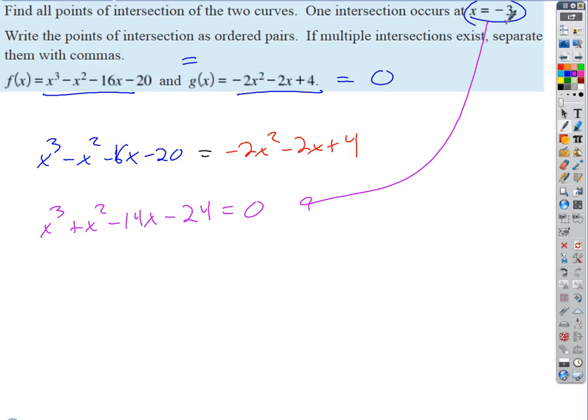And then finding the other zeros, it's not asking me for factors, it wants zeros. So I could just use the quadratic formula, right? I just want to know the solutions. I'm going to end up with a quadratic, call it q of x, some quadratic equation in standard form. I can find the real zeros of that every time by just doing this, right? So that makes life a lot easier knowing where one intersection is, right?